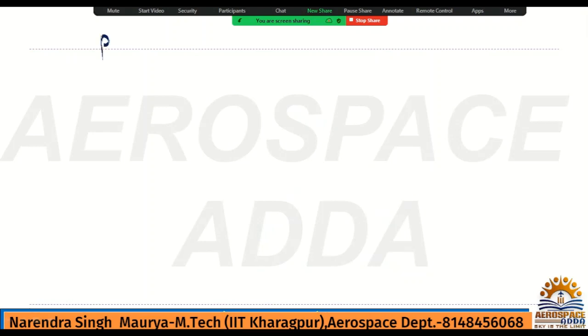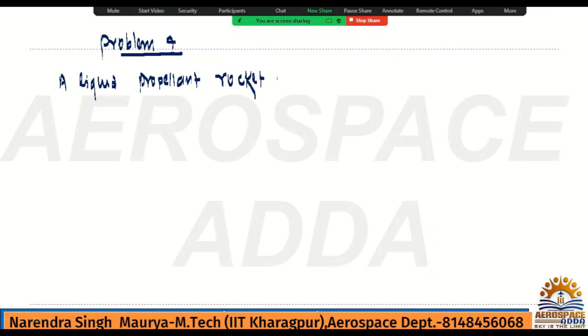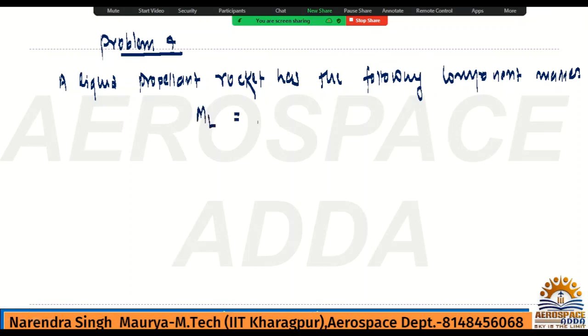So problem 4: a liquid propellant rocket has the following component masses. Mass of payload, how much? 180 kg.